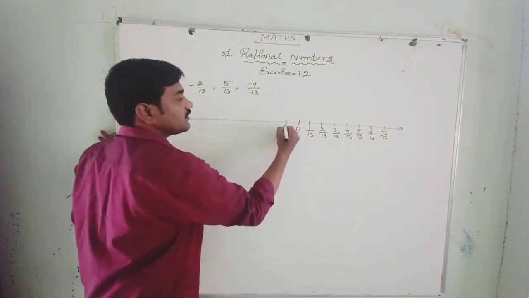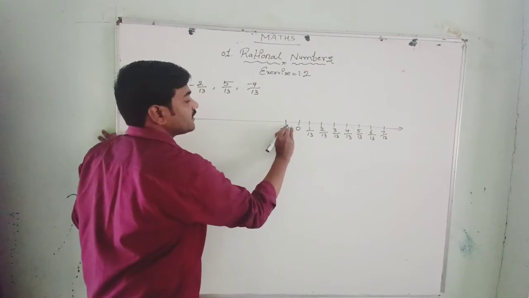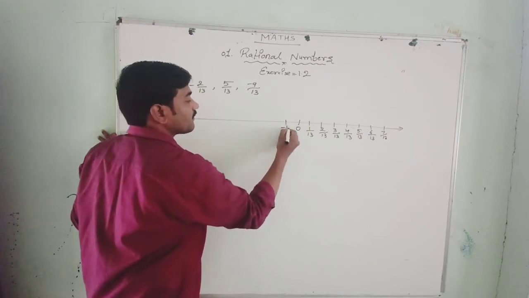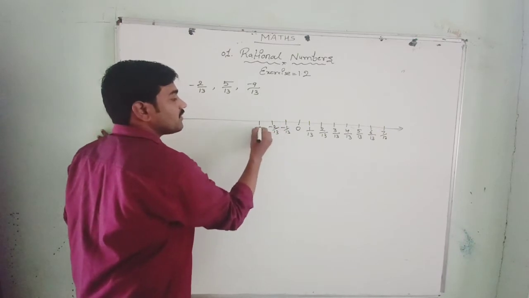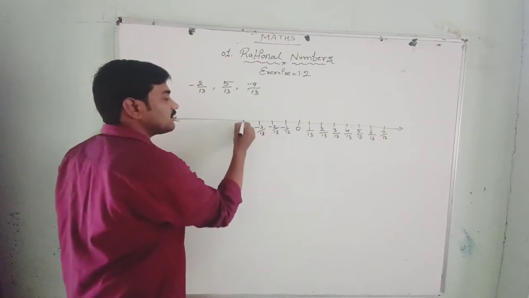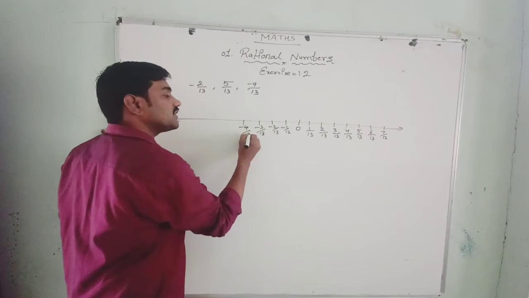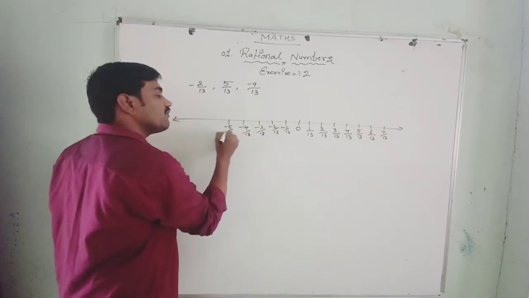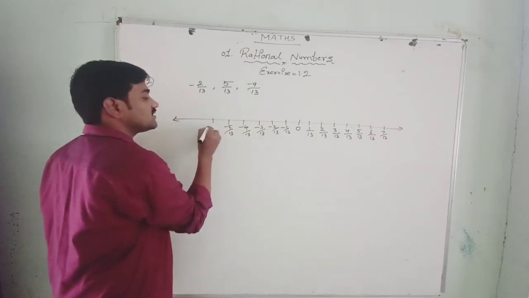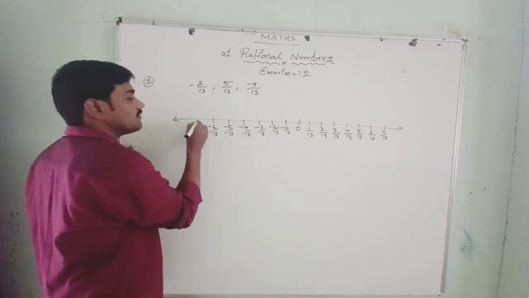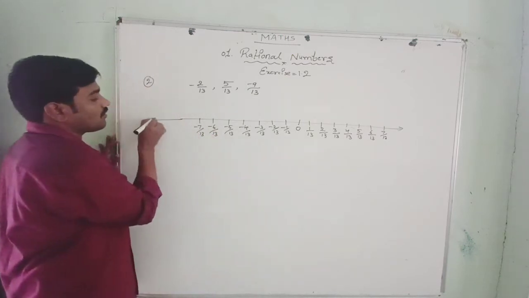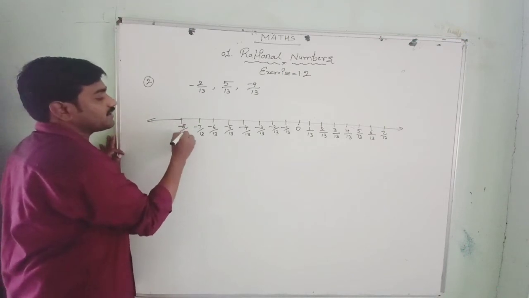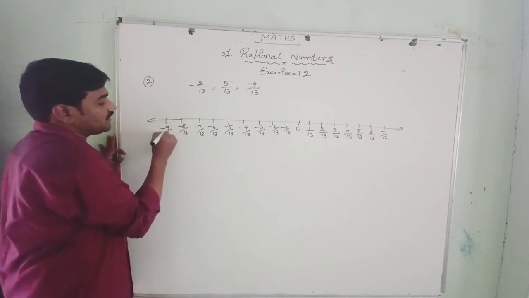See, -1/13, -2/13, -3/13, -4/13, -5/13, -6/13, -7/13, -8/13, -9/13.